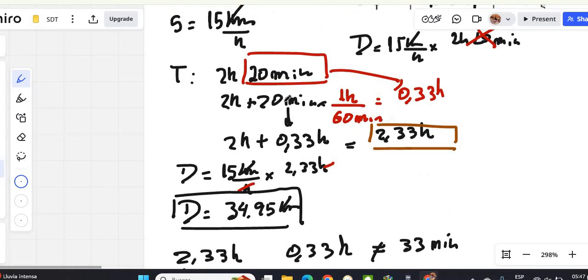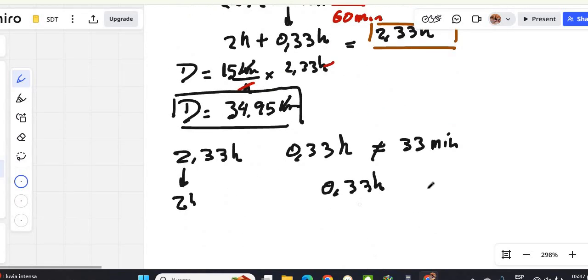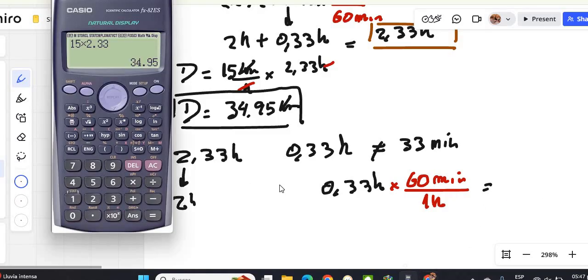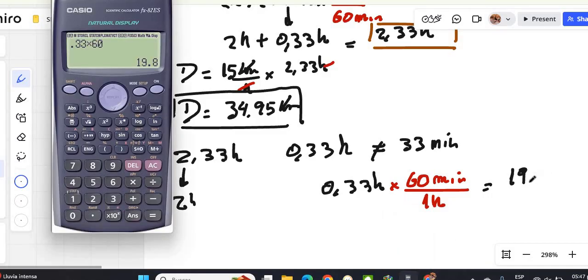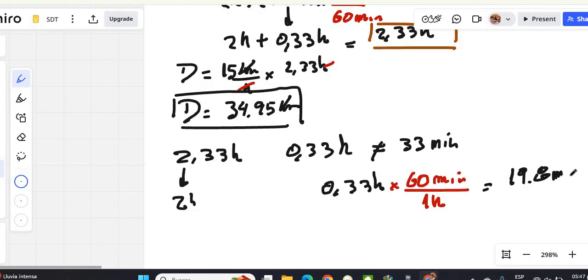When you divide by 60 to convert minutes to hours, now to convert hours to minutes you have to multiply by 60. 60 minutes is 1 hour. 0.33 multiplied by 60 is 19.8. And this is pretty close to the 20 minutes.